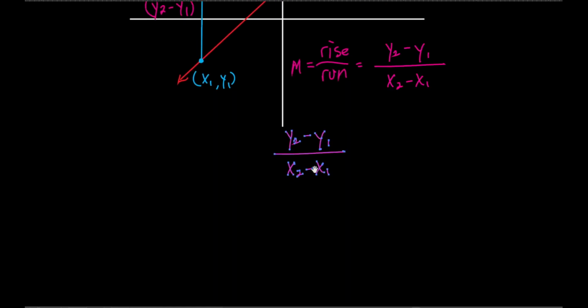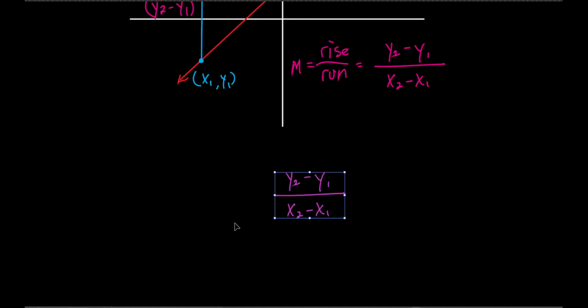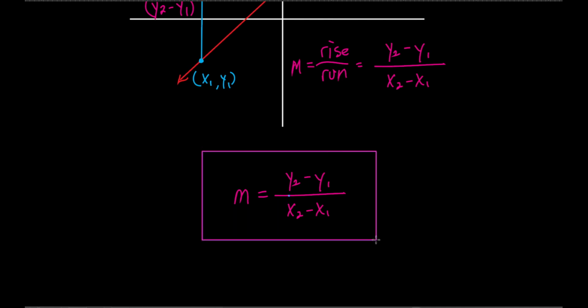So let's just put it right here, and put an m in front of it. m equals. Now let's put it in a box. There we go, shows it's important, right? And that's your formula for slope. It's not really an equation.